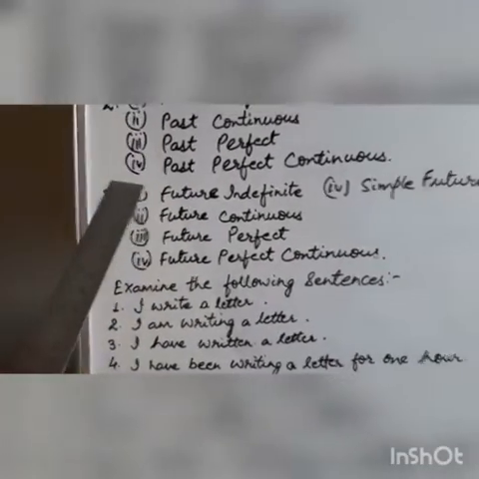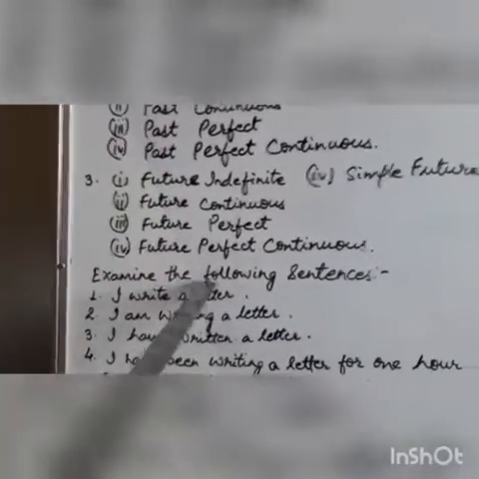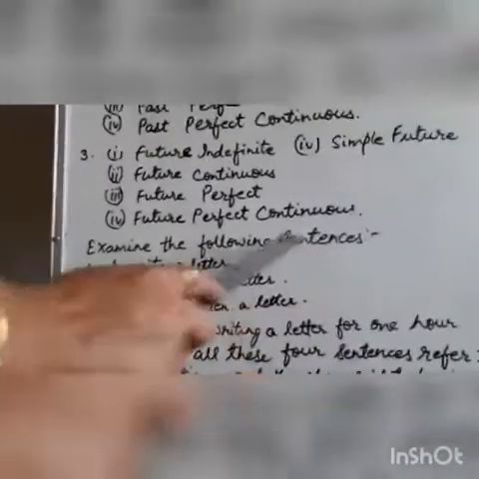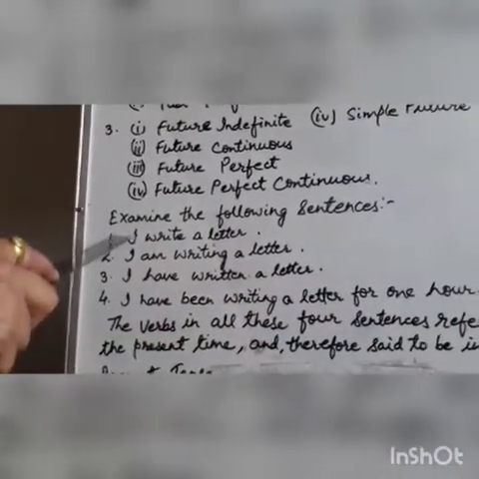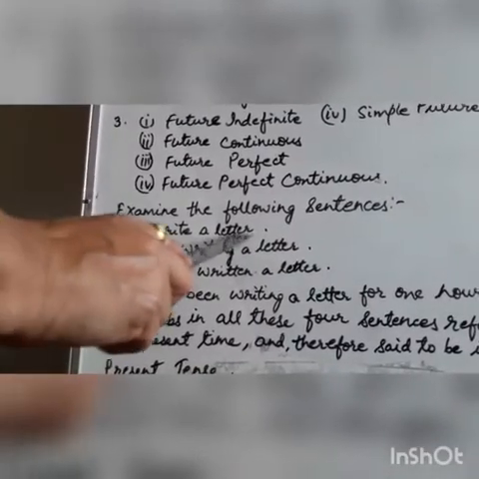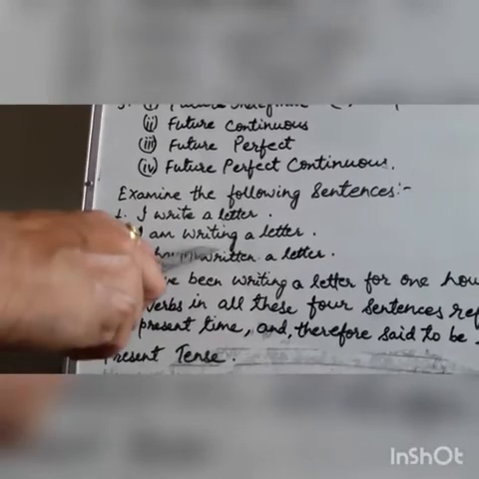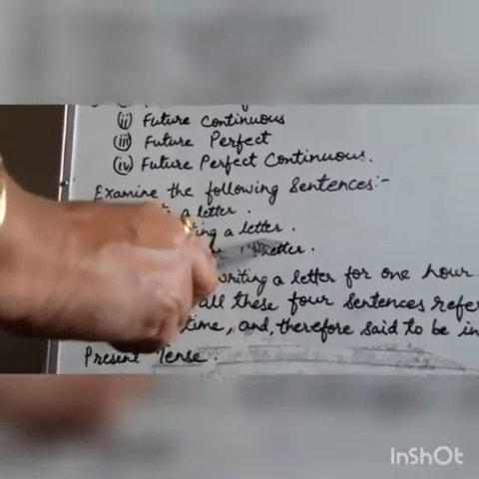Now we shall start with present tense and examine the following sentences. There are four sentences. Look at these. First one, I write a letter. Second one, I am writing a letter.